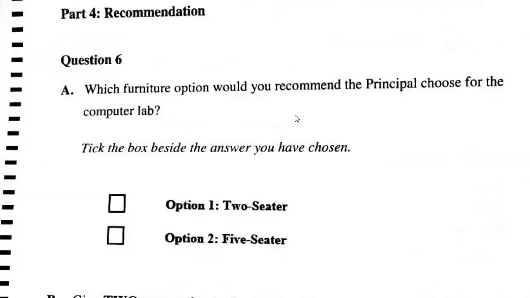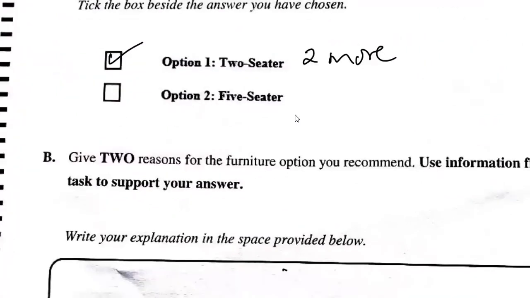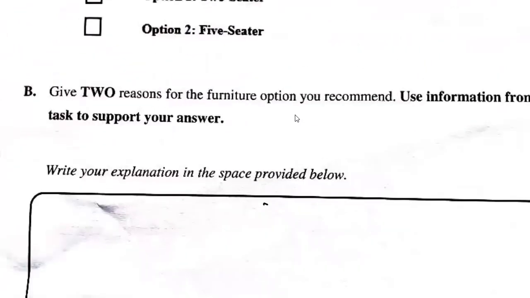I would choose the two-seater because at the beginning it says that they want the most chairs that can be held. So the 2-seater can hold more. That's my reason. Let's see what they ask. Give 2 reasons why the furniture option is recommended. So I recommend the 2-seater.